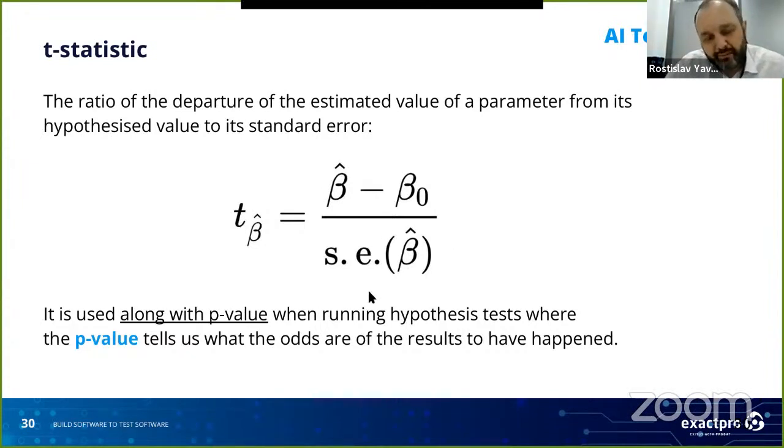So the immediate question is, what's the standard error of your data? If the standard error is 6, then 3 divided by 6 is just 0.5, so the difference is not that big.